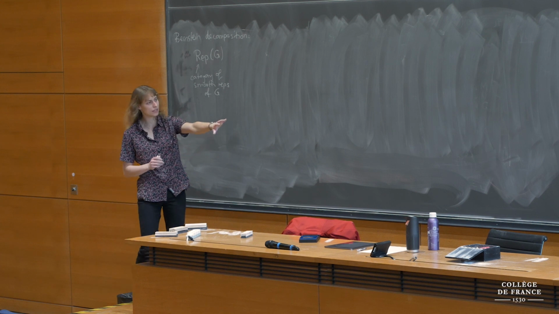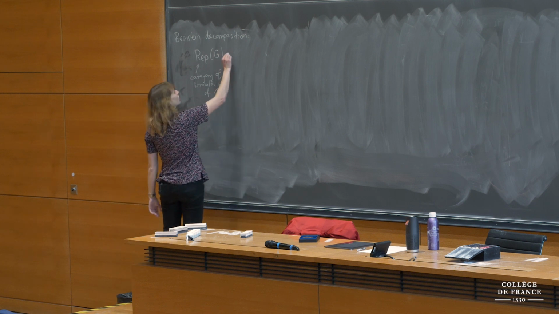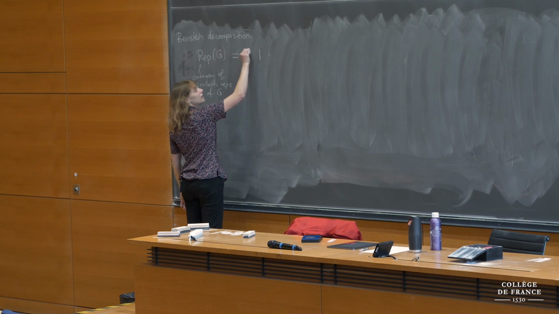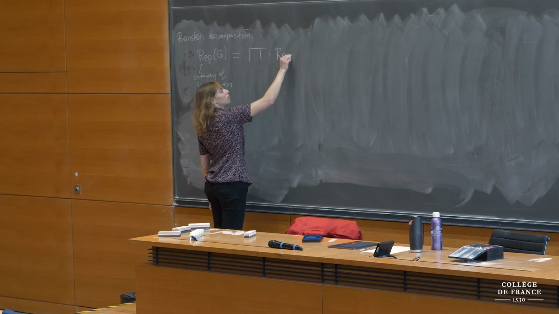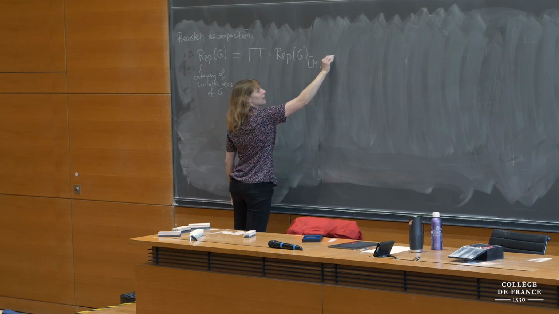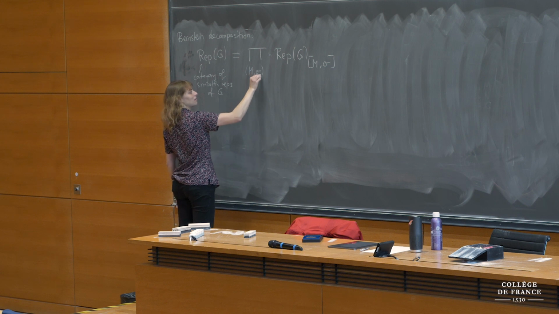And so we can do this using that we know that all the irreducibles embed into the parabolic induction, and that gives us a decomposition of the whole category into so-called Bernstein blocks. And they are indexed by M and sigma. What is M and sigma?